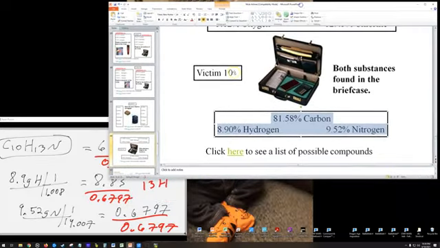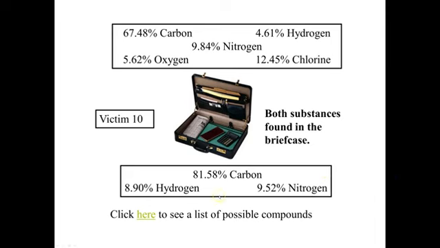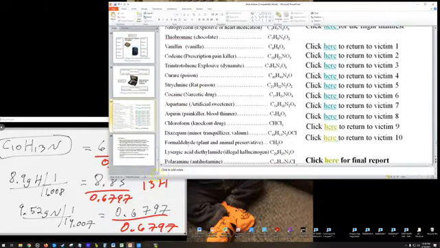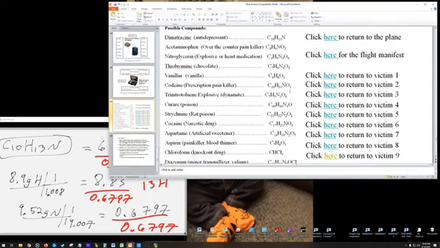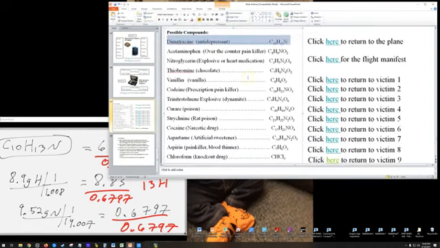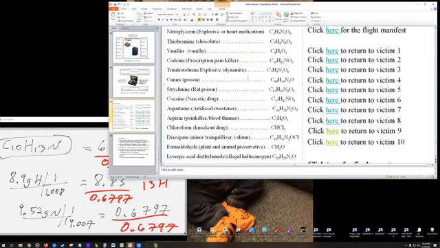See what we got. C10H13. Anybody see it? There it is. Antidepressant. Okay, so antidepressant and diazepam, minor tranquilizer, found on victim number 10.